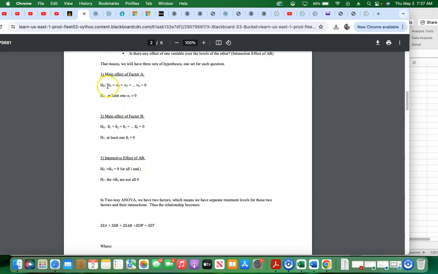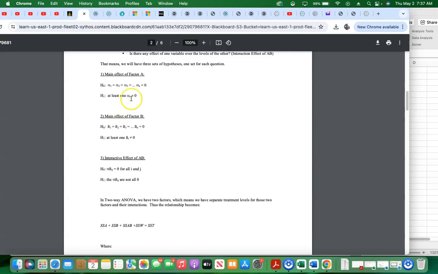And you can see that here we're using alpha and also beta. Then we put all of them together for the interactive effect, and we can say that at least one is different. This is actually the same as in one-way ANOVA, only that we're using alpha and beta, but it is all the same.